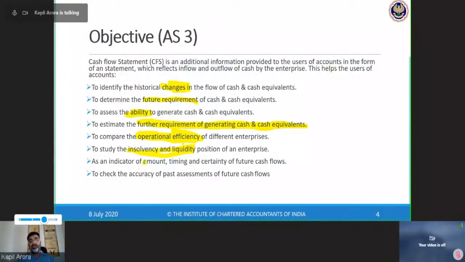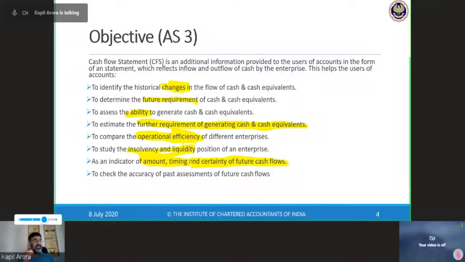Then there is the indicator of amount, timing, and uncertainty of future cash flows. We always look at the information, not only on the face of the cash flows, but sometimes we give notes that this is the amount which is going to come. For example, I have taken some loan, but not the entire loan right now.